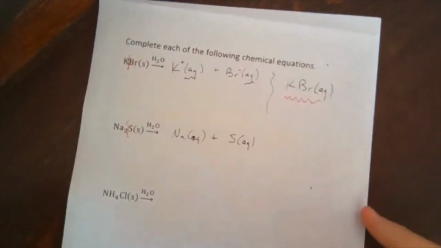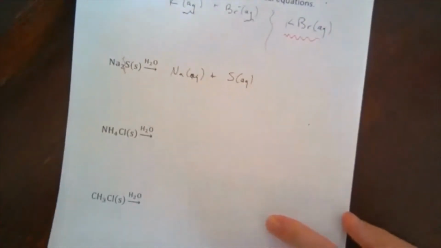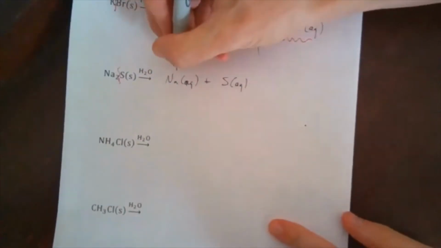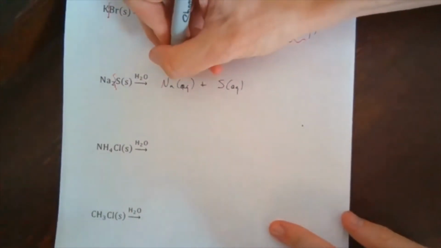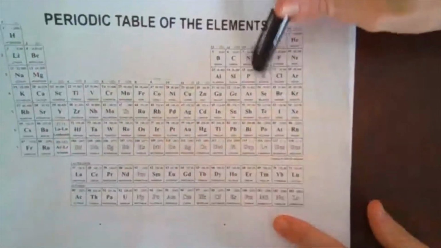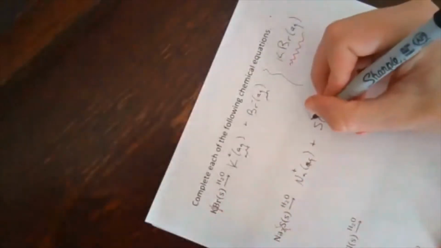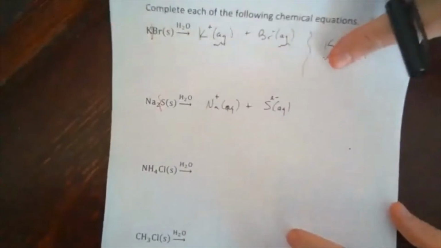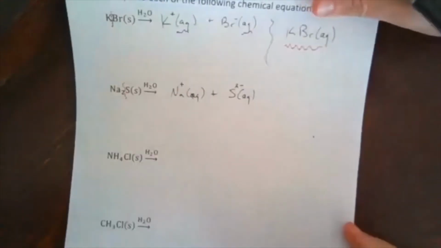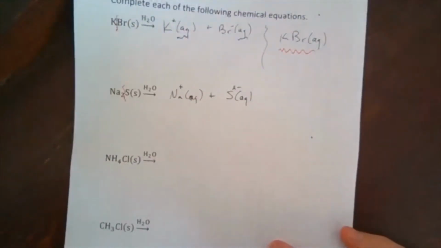And so we need to get our charges. We said Na is in group 1A. It's right above potassium, so it is also +1. Sulfur is right below oxygen, in group 6A, so it's -2. So sodium is a +1 cation, sulfide is a -2 anion.